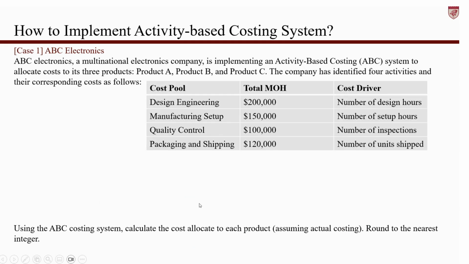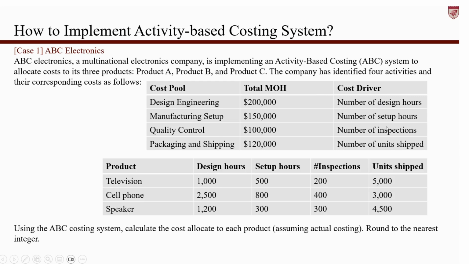Now let's move on to the other case. I will not repeat this because it's a bit repetitive, but let's say there are these 3 different products A, B, C, and there are these 4 different types of cost pools where cost drivers are also identified, right?